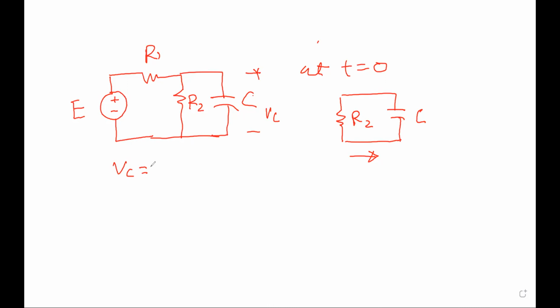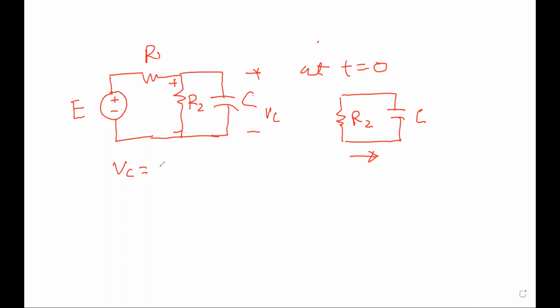This is a first year problem. Sir, R2 divided by R1 plus R2 into E. The capacitor is fully charged, no current is flowing in the capacitor, so the voltage appearing across these two terminals is R2 divided by R1 plus R2 into E.